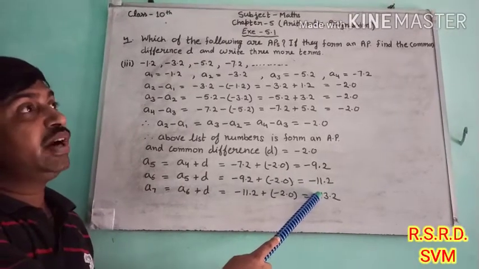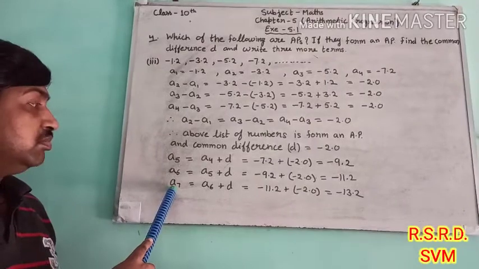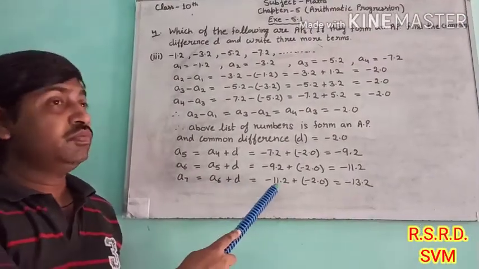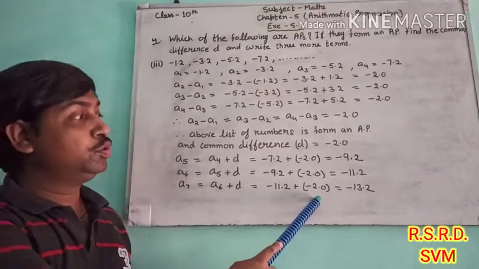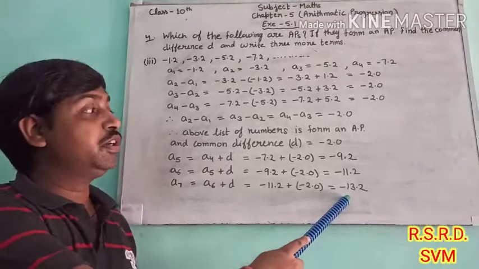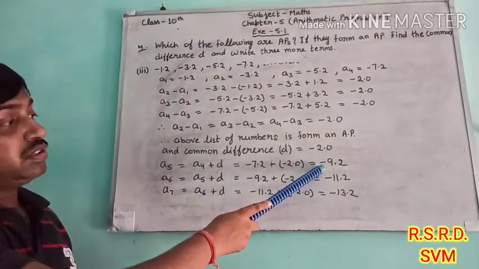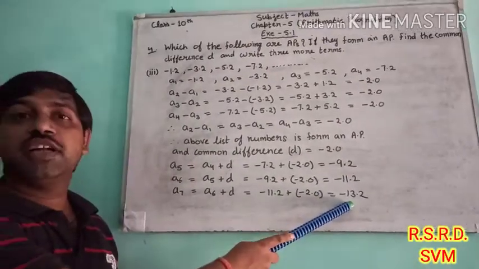We get minus 11.2. The seventh term equals the sixth term plus the common difference. We get minus 11.2 plus minus 2, which is minus 13.2.